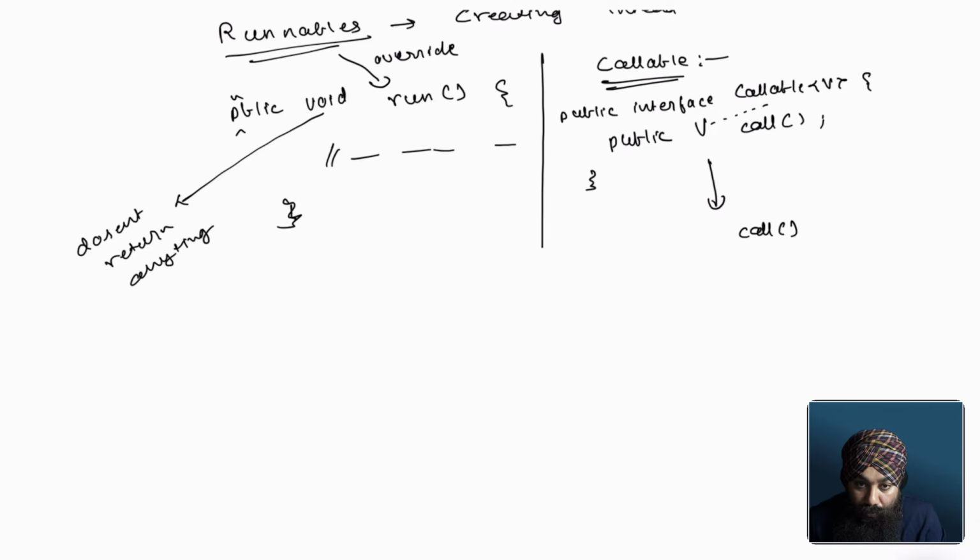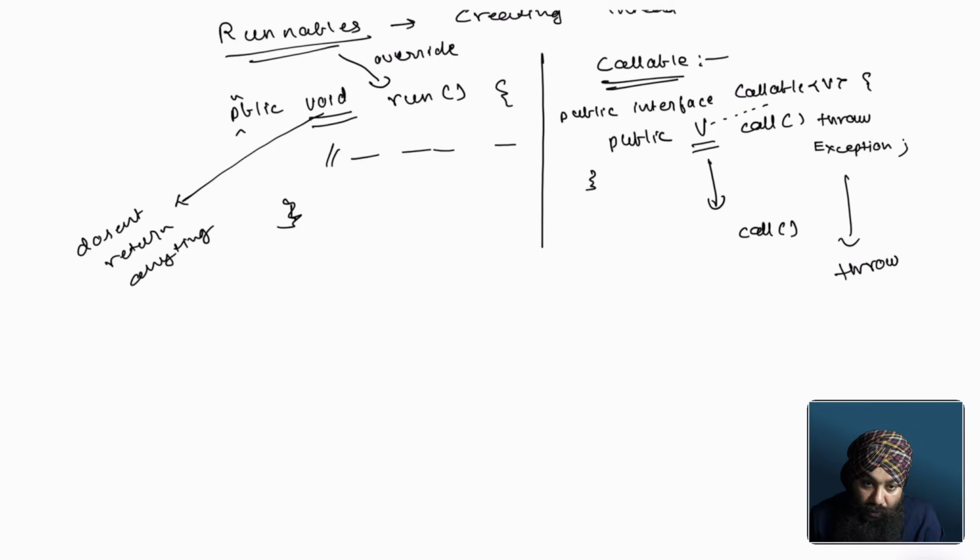The difference is it can return something, whereas runnable cannot return anything. Another difference is that it can also throw an exception.